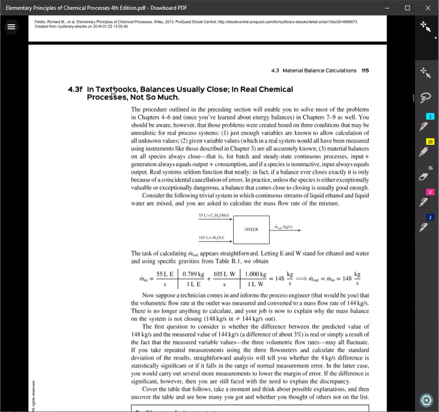The reason why I love this section is because it really compares and contrasts and reconciles what we do in class versus what you would do in the real world. While it's true that you would never solve a material balance problem in exactly the same way in real life, it's important to know the fundamentals of how material balances work.